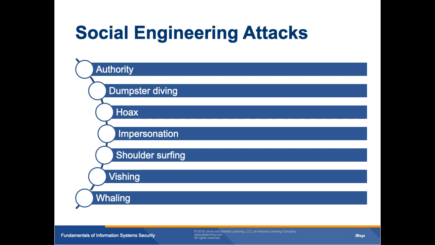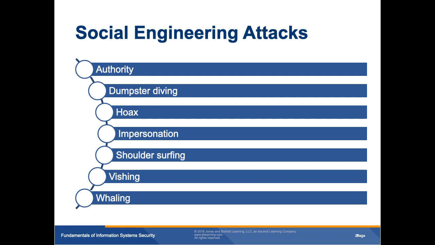Social engineering attacks, right? Because the users are our weakest link, right? And social engineering is the exploitation of our users, of our people, right? And so these are the different types of social engineering attacks.